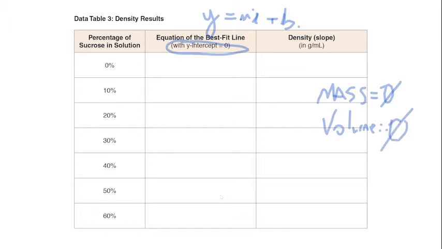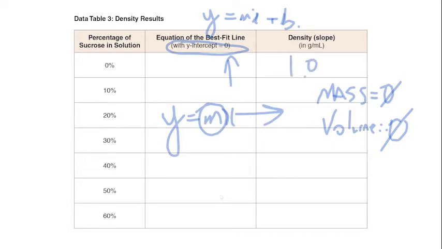So that should be our first point when we're plotting. We're not going to actually plot it on the graph ourselves, but we will include it by forcing the y-intercept to be 0. So instead of y equals mx plus b, we're just going to get an equation y equals mx. And so there is the slope, and then you put it right there, and the next one over. So you should get around 1, and then it increases as you go down.